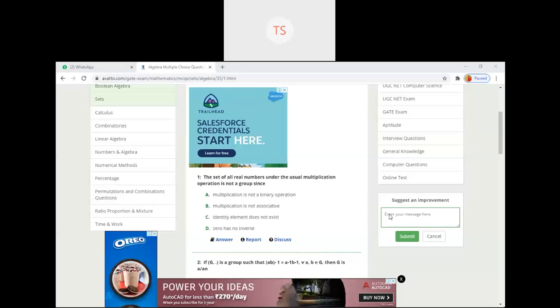That means we have to look for a real number such that when we multiply that particular number to any real number, we will get the same number. So what is the identity element for real numbers? One. Yes, we have one as the identity element for the set of real numbers under multiplication. Okay. So the third property is also satisfied.